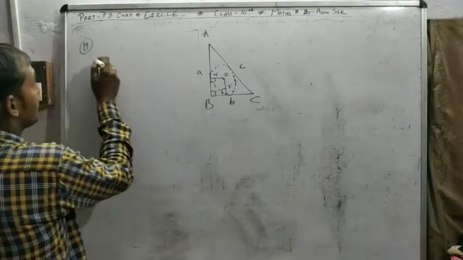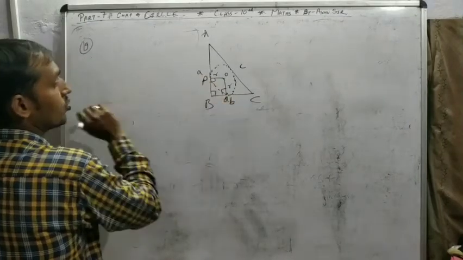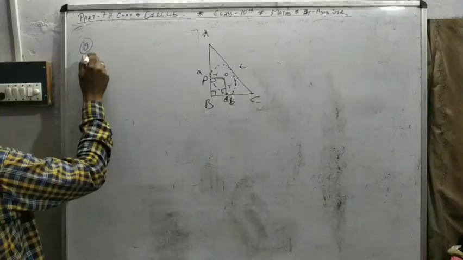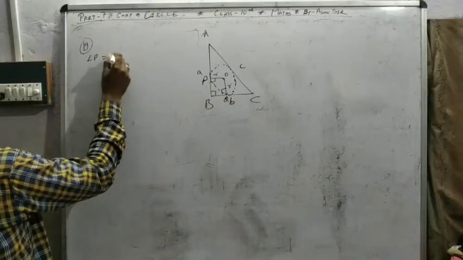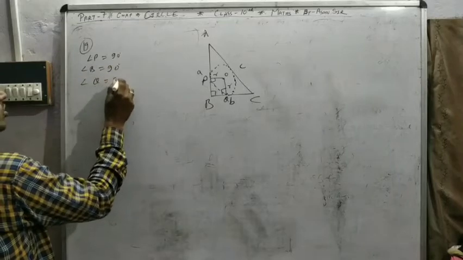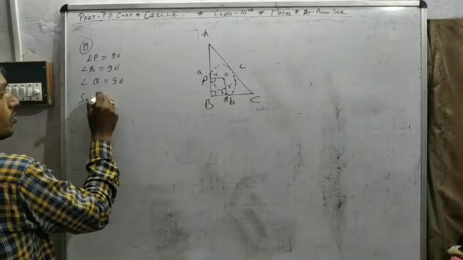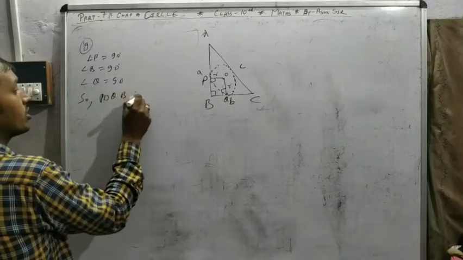Let's see. Suppose that P and Q are the points of contact. Angle P is 90, angle B is 90, angle Q is 90. So POQB is a rectangle.